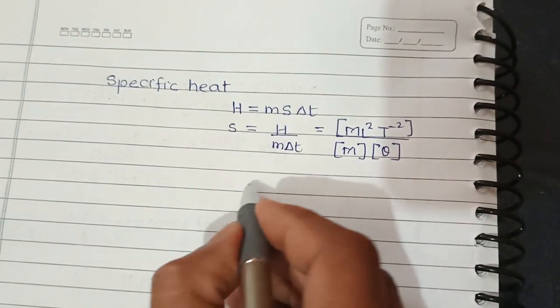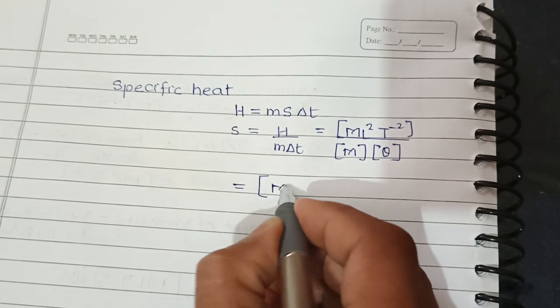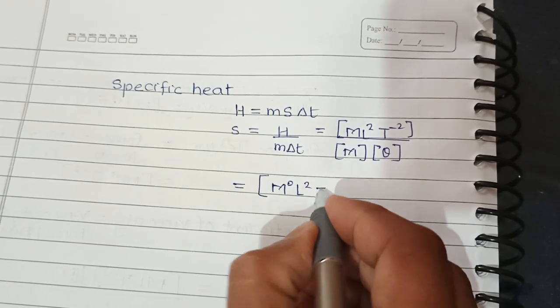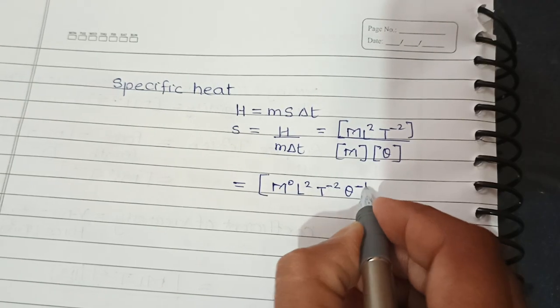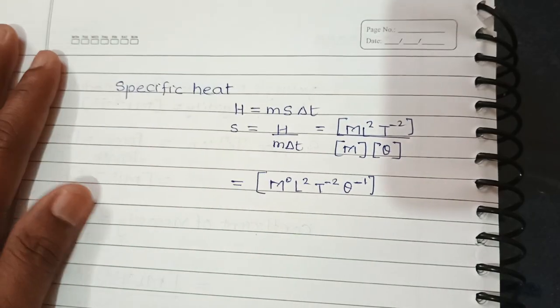Okay, so that is M naught L square T minus 2 theta to power minus 1. This is the dimension of specific heat.